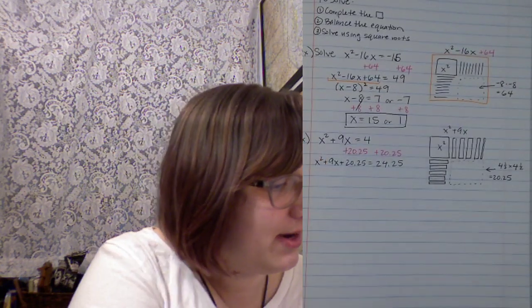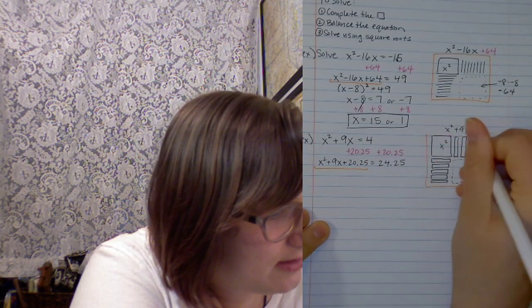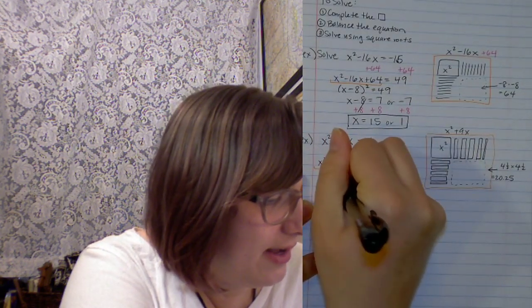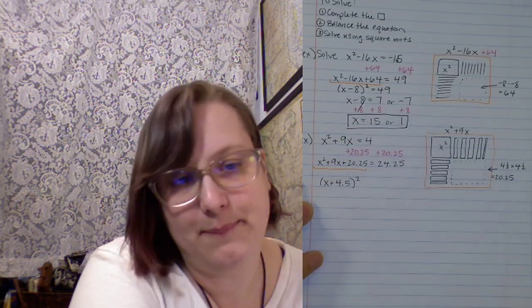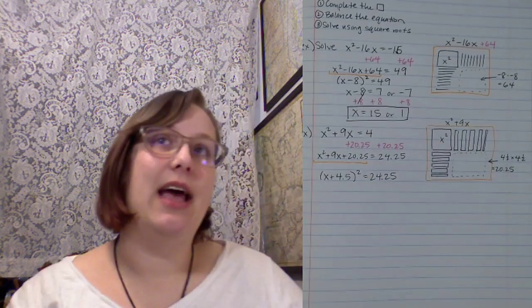It's a perfect square, because this square right here is a perfect x plus 4.5 squared. And that equals 24.25. And what we're going to do is square root this.